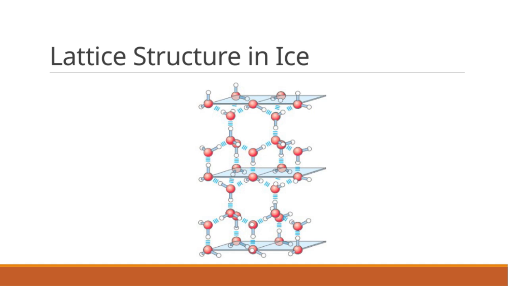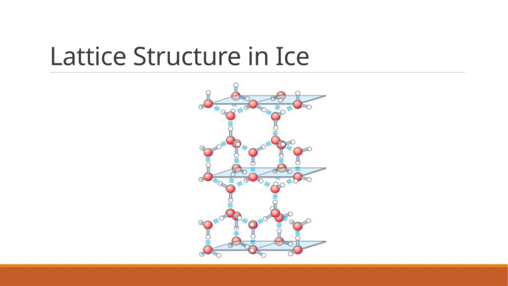In the lattice, each oxygen atom is bonded to 4 neighboring hydrogen atoms, creating a tetrahedral shape. This arrangement results in an open, spacious structure that's responsible for ice's lower density. It's quite interesting because it means that ice floats on water, which has significant implications for our environment and ecosystems.